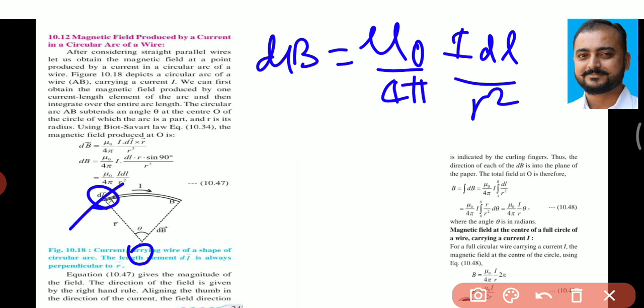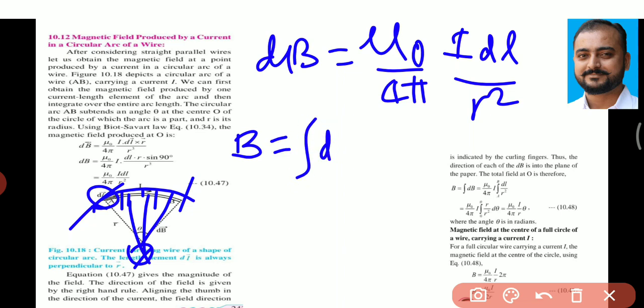But what we have to find is the magnetic field due to the whole arc, and that's why we have to find the magnetic field produced at this point due to this dl, again due to this dl, and again due to this dl, in this manner for all the small length elements. And so the total magnetic field produced, that is B, is equal to integral of dB.